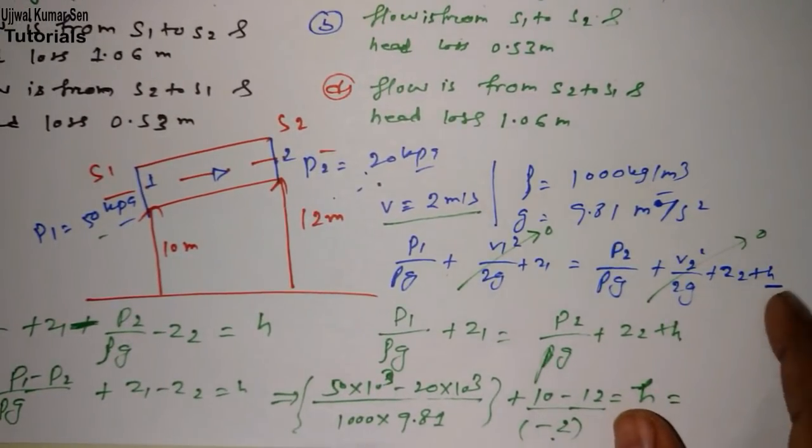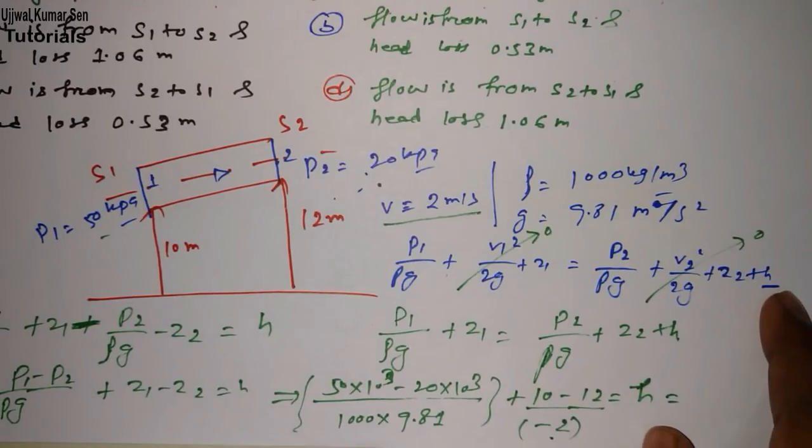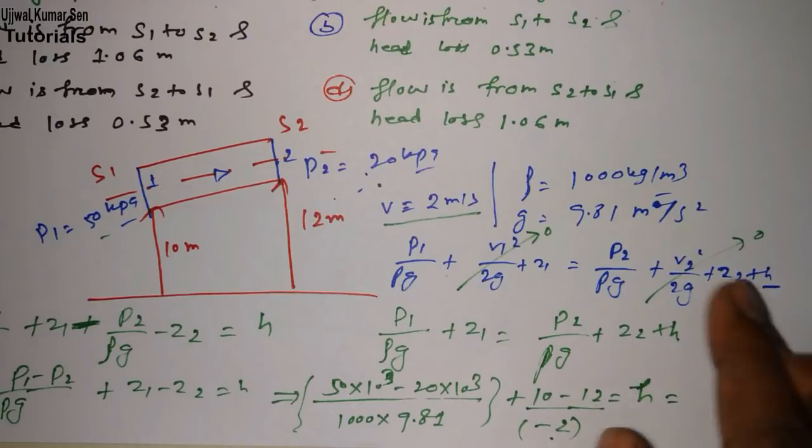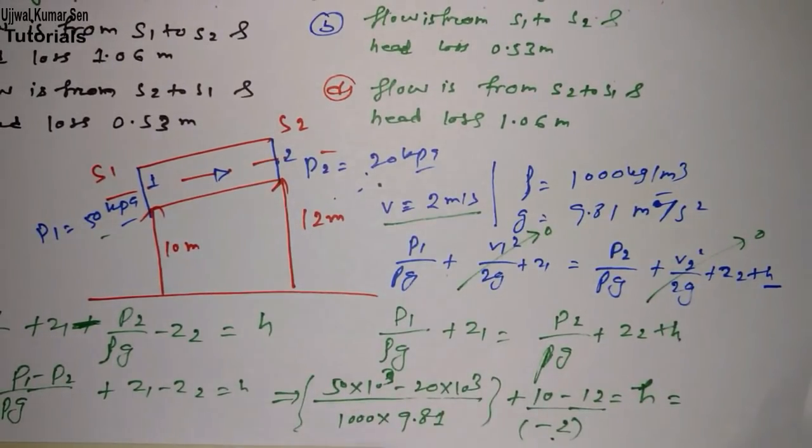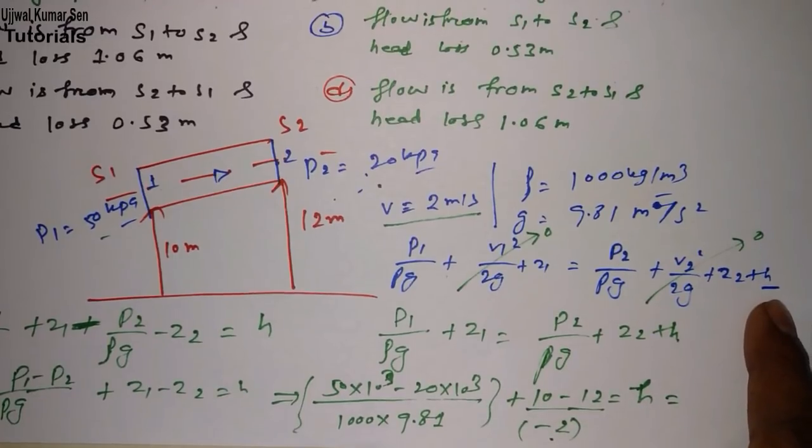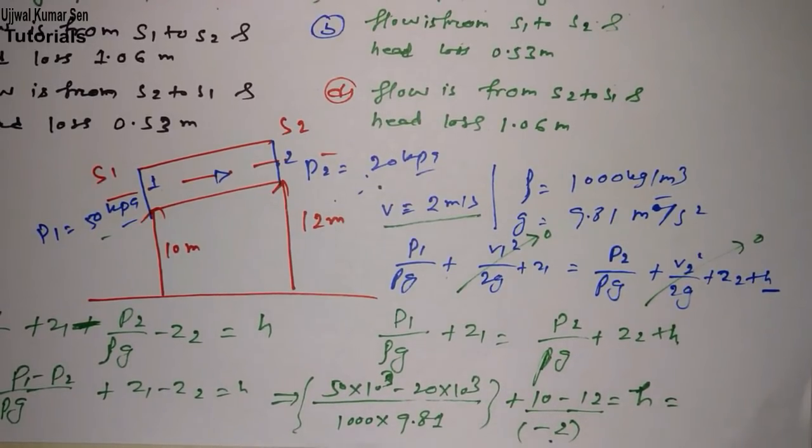But if you start with Bernoulli's equation only, then probably you will not see this H. If you have gone through a few questions related to it, only then you will be able to analyze that you can also find head loss by using Bernoulli's equation. So this is all about it. Now we just require a calculator.